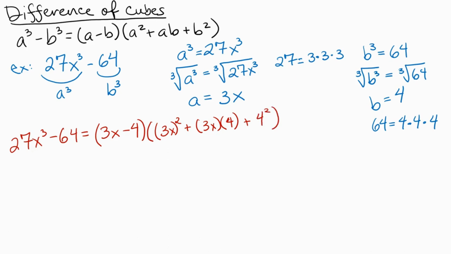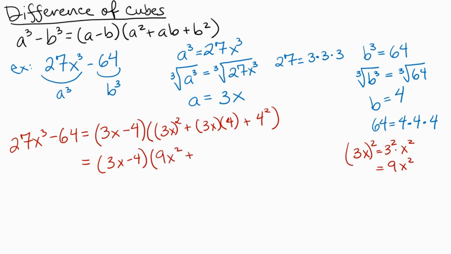All right, so we're going to clean this up a little bit just so that everything looks real nice. We still have 3x minus 4. And then this 3x all squared can be rewritten as 3 squared times x squared. And 3 squared is 9, so it's going to be 9x squared.